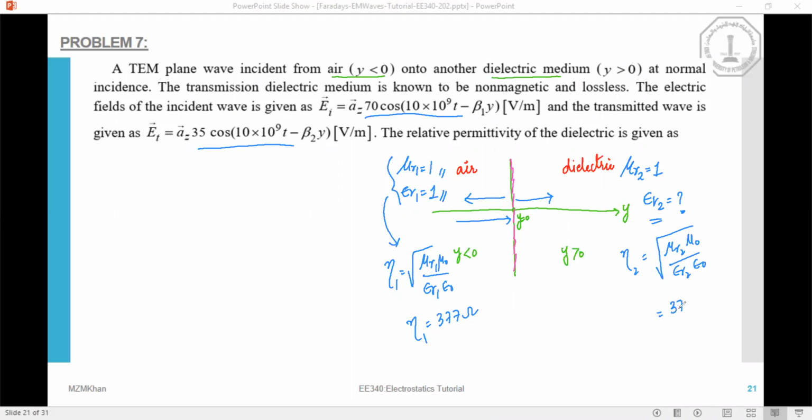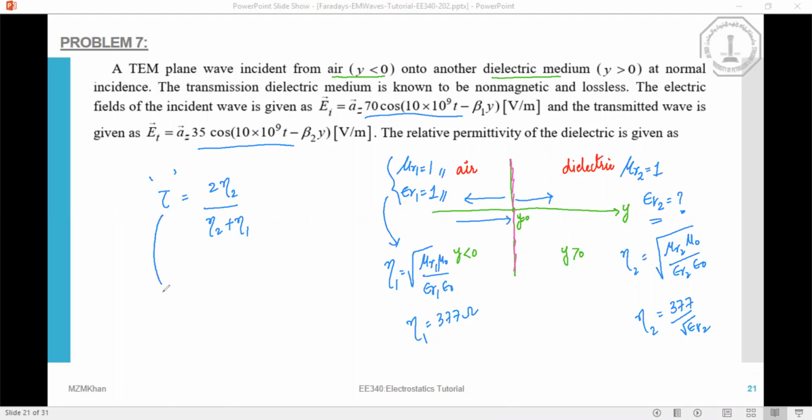This is 1, this is unknown. This is your eta, so your permittivity is under eta. And eta 1 and eta 2, how are they related? Incident field is given to you, transmitted field is given to you. So you can use the transmission coefficient, which is 2 eta 2 over eta 2 plus eta 1, if I'm not mistaken.